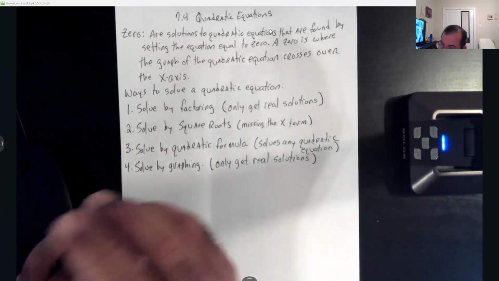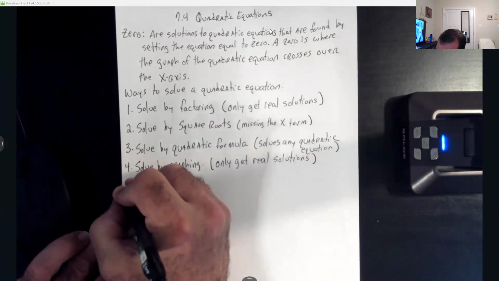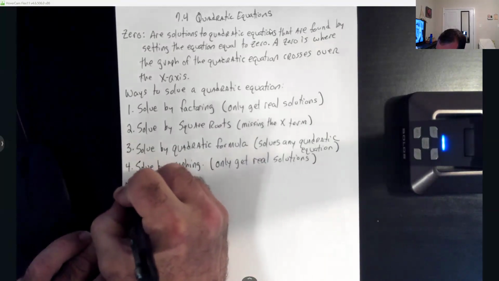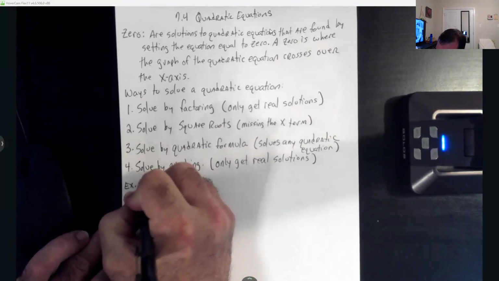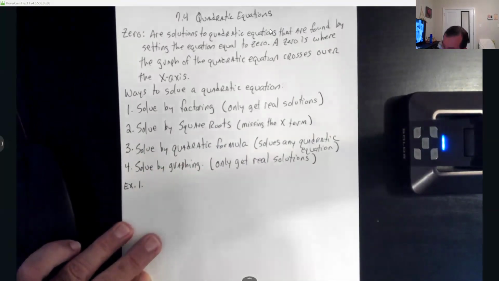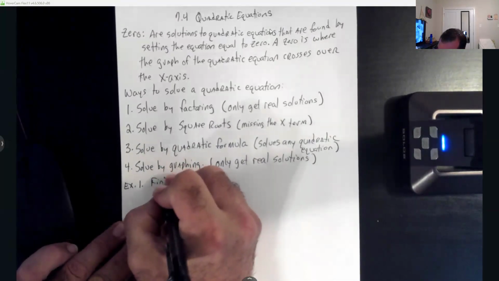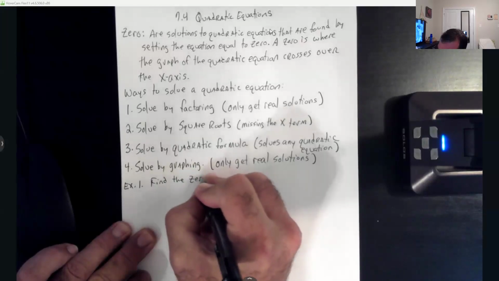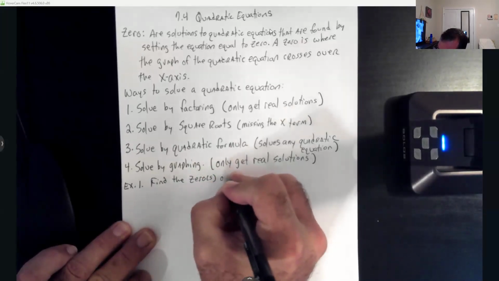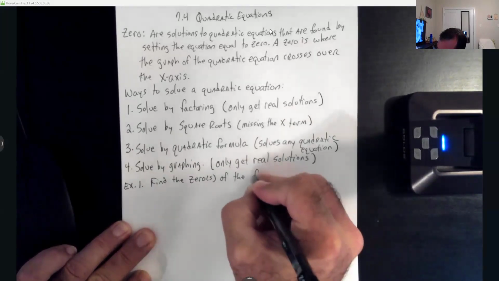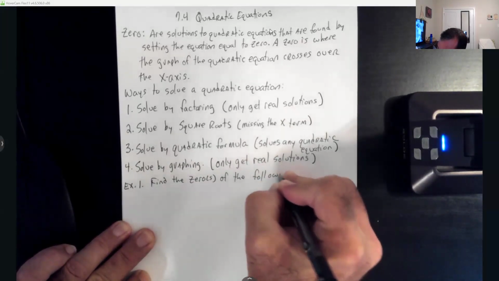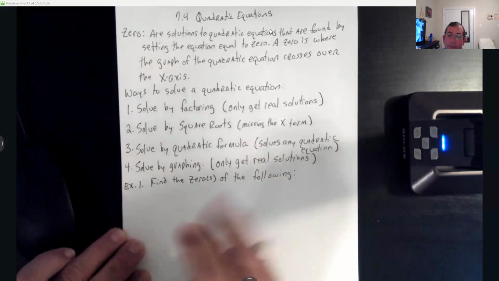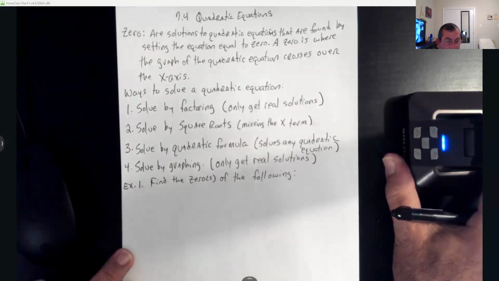So let's go through some of the examples in 7.4. Okay, so this will be like number one. It says find the zeros of the following. So zeros are the answers.